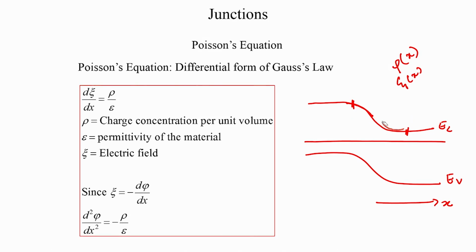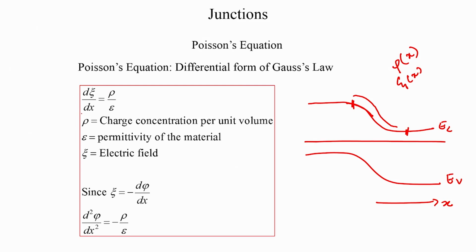In order to get this quantitative estimate of the amount of bending, we need to solve Gauss's law, and we want to particularly solve the differential form of Gauss's law, which is called Poisson's equation. Here is a very brief understanding of that.